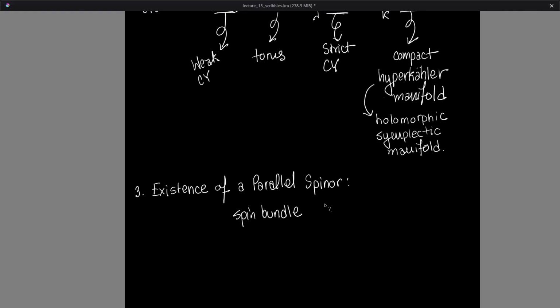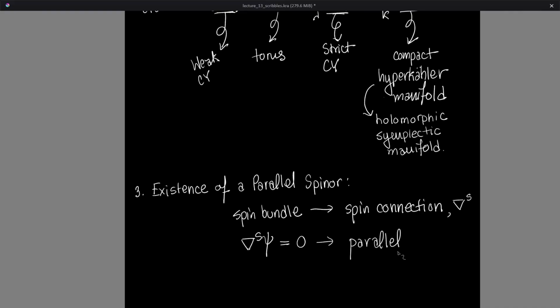In the spin bundle, you can define something called a spin connection, which is a connection that connects spinor spaces. With respect to this spin connection, let's call it nabla S, if we find that nabla S of a spinor psi is equal to 0, then we say that that spinor is parallel. It's very much analogous to what we called parallel in terms of our previous connections.